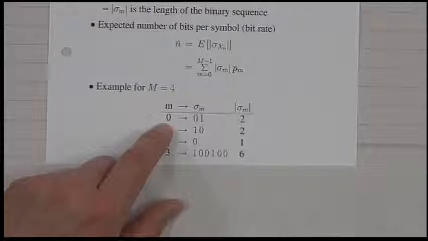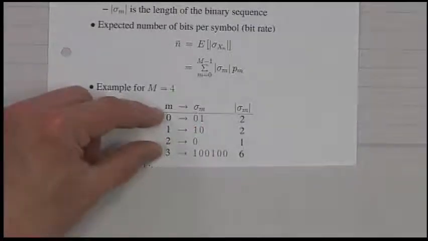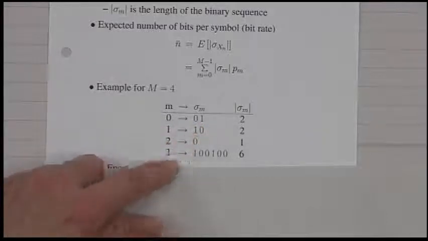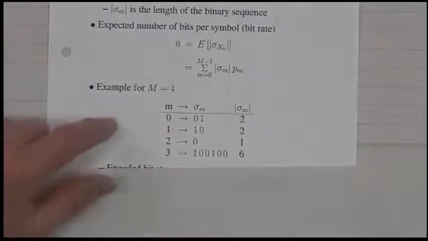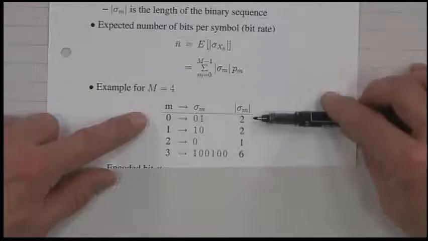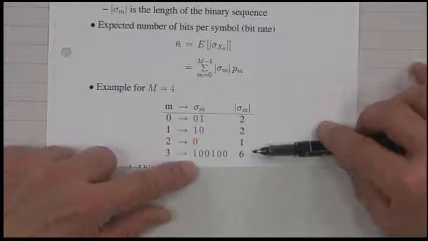Say we'll have the symbols 0 through 3. So 0 goes to 0, 1; 1 goes to 1, 0; 2 goes to 0; 3 goes to 1, 0, 0, 1, 0, 0. I'm just making this up, okay? So just as an example, the word lengths in this case are 2, 2, 1, and 6.